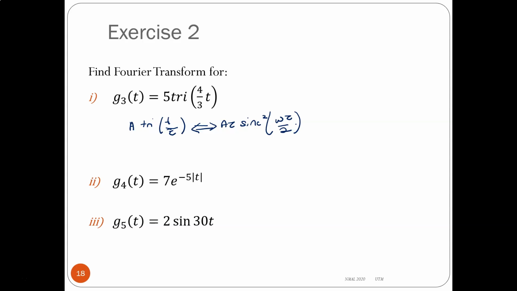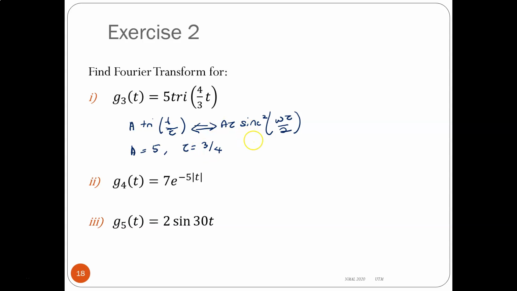Again, you don't have to perform the integration; you can just refer to the table. We match A tri(t/τ) with the original form in the time domain, and obtain A equal to 5 and τ equal to 3 over 4.